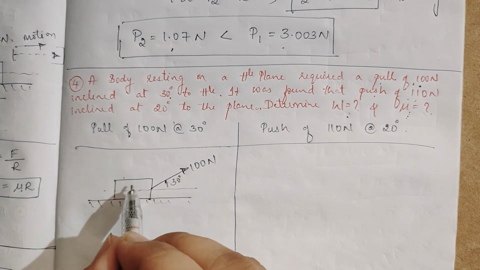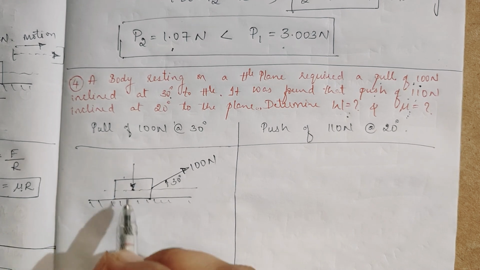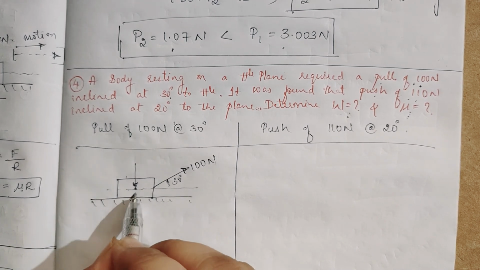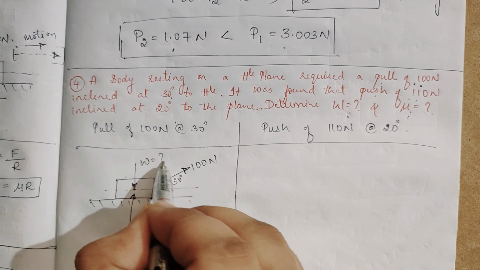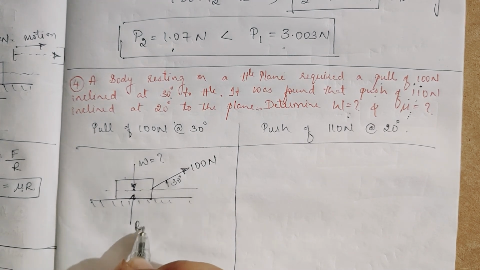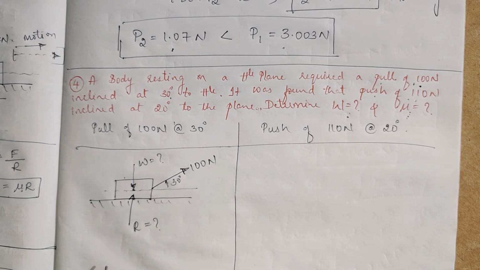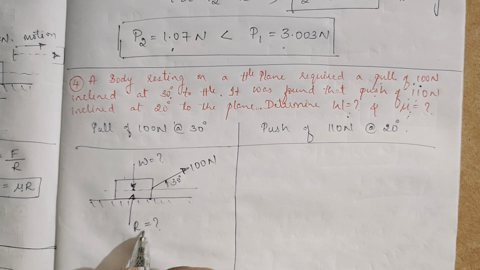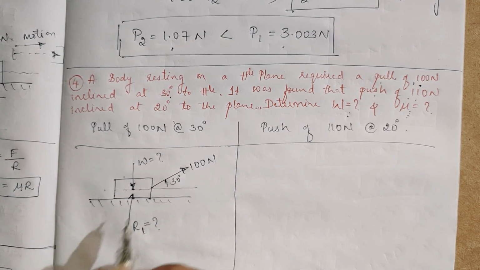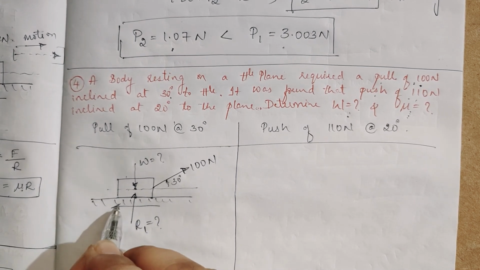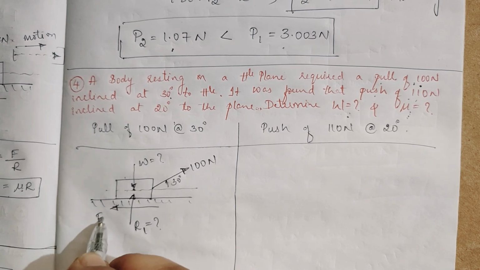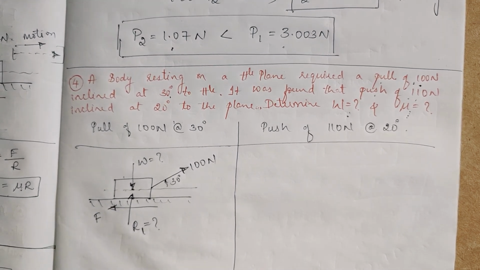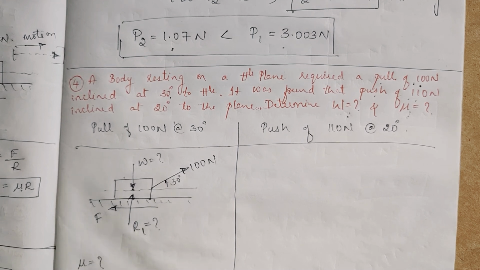So what we have to find? We have to find the weight W, we have to find the reaction R. For this case we will take R1. What is R1? And also what is F? And after we get that, we have to find mu.